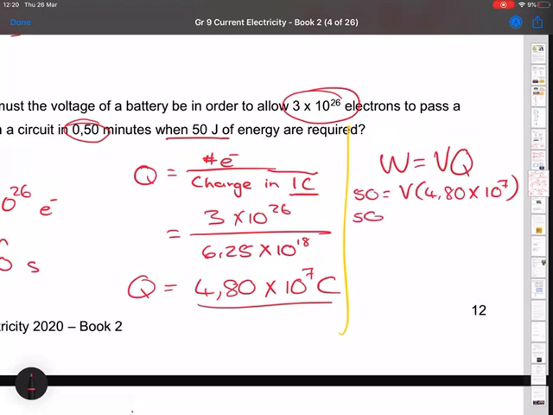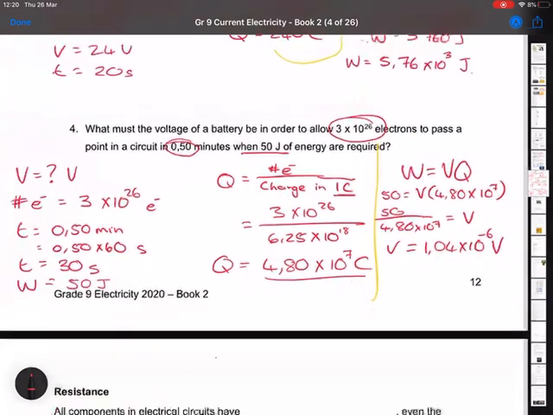Okay, so our V will be 50 divided by 4,80 times 10 to the 7, which means that you're going to get a potential difference of 1,04 times 10 to the minus 6, and our units are volts.